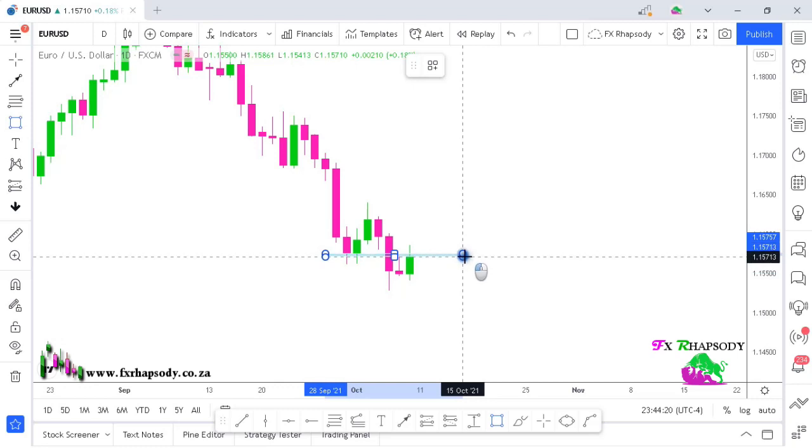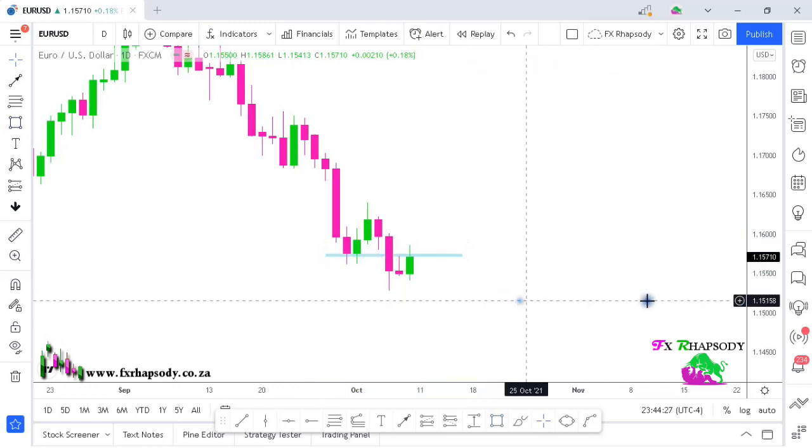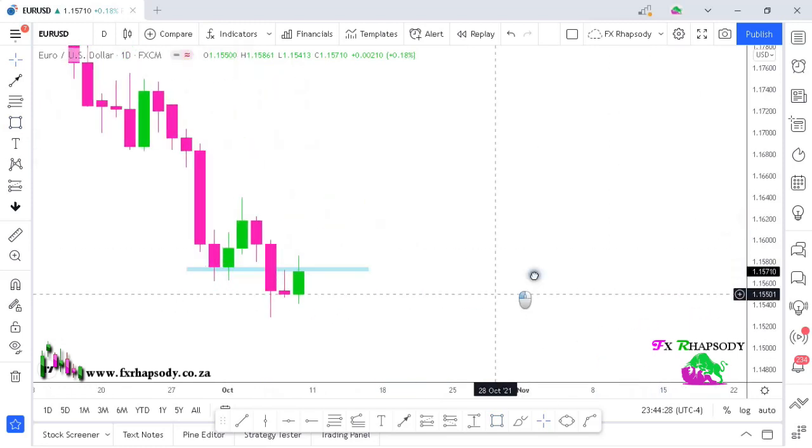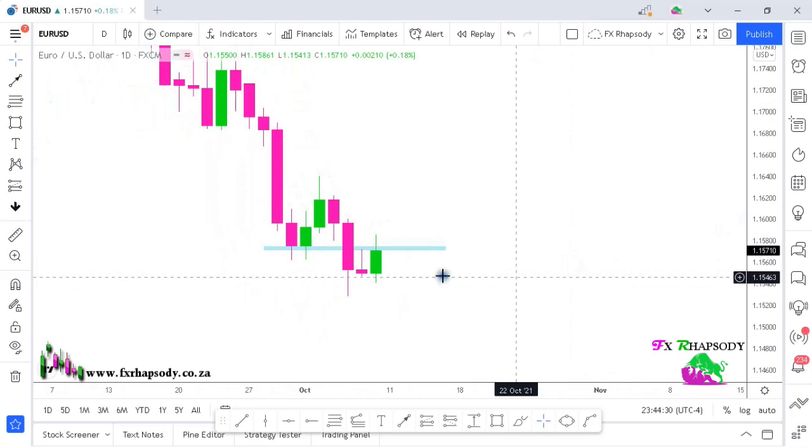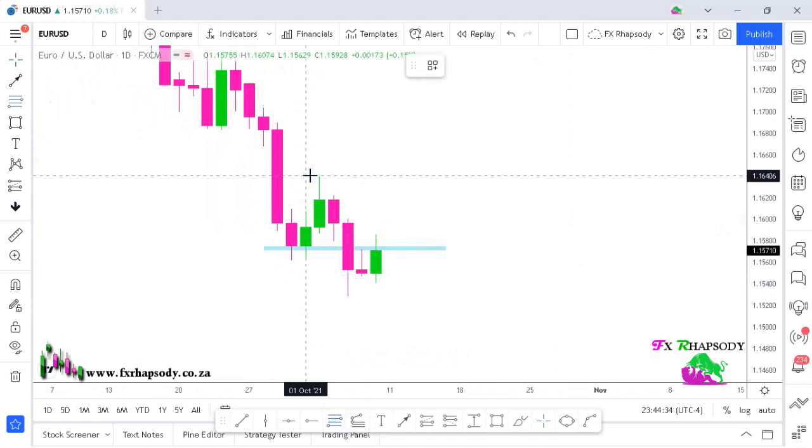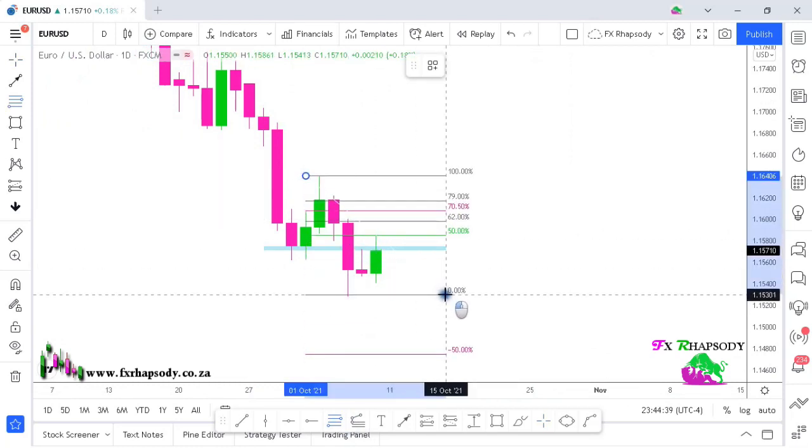It's very small, so let's expand it a little bit more. Okay, so Fibonacci from this little swing high here to this low over there.